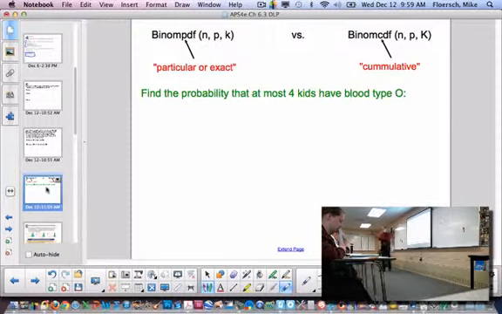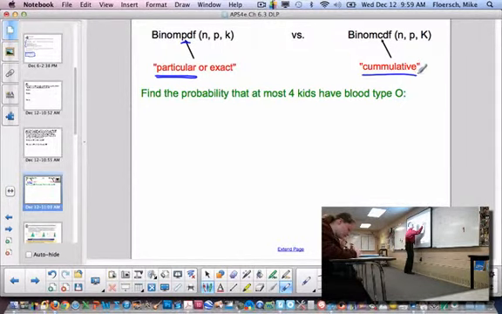PDF is particular, just like it's a P. It's a particular or an exact one. Whereas cumulative is C. Cumulative means to accumulate, to add up, right? That's how I'm going to teach you to remember. Those words aren't exactly what they're doing, but that's the way to remember it, okay?